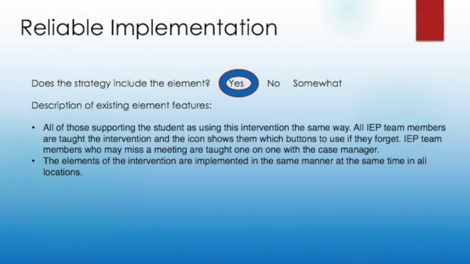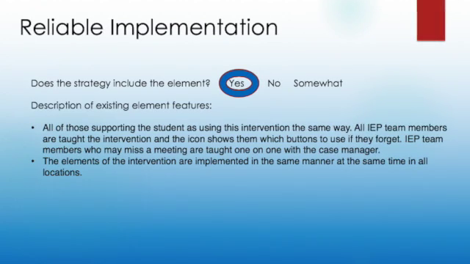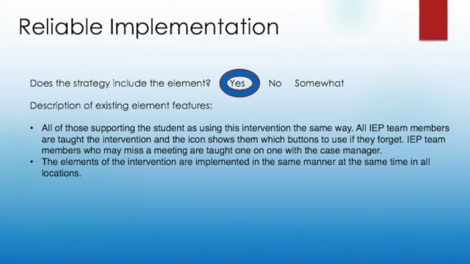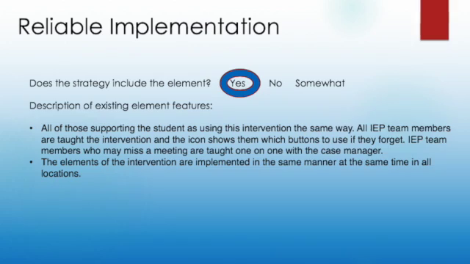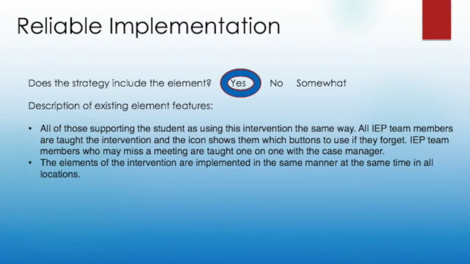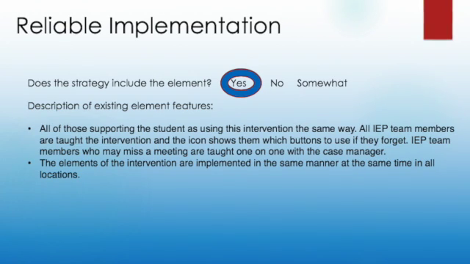If the IEP team members miss the meeting where they are taught how to utilize the intervention, the case manager goes out and teaches those certain teachers or staff members. The elements of this intervention are implemented in the same manner at the same time in all locations.